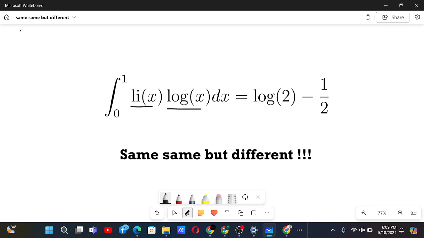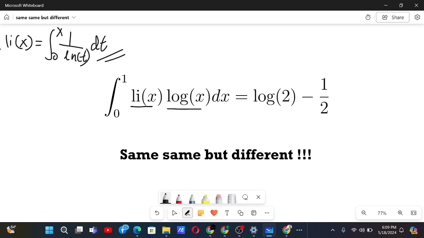Now, if you don't know about the Li function, the Li of x is defined as the integral from 0 to x of 1 by ln of t dt. That is the definition of the Li function.